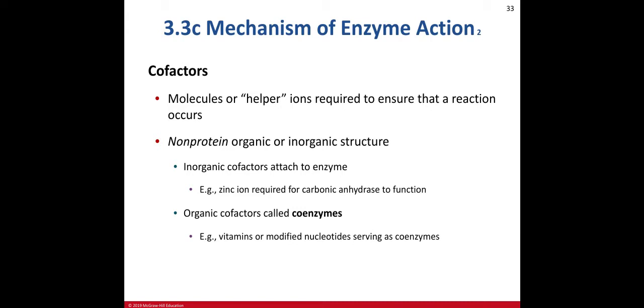If they're an inorganic cofactor and they attach to the enzyme, it's usually ions like a zinc ion. We call these minerals. So if you take a multivitamin and you see minerals on there, a lot of them are cofactors. If the cofactor is organic, we can call it a coenzyme. And these are usually vitamins or some kind of modified nucleotide that act as a coenzyme.